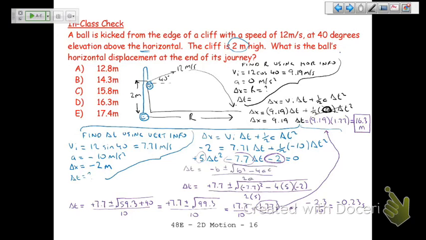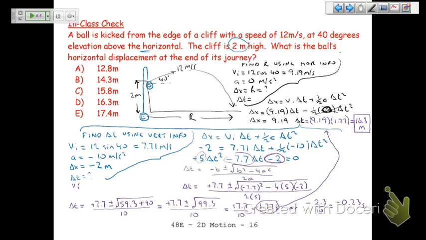So there is another way, and that is, if you don't like using quadratics, you've got to use physics. If trying to find delta t gives you a quadratic solution, then the other alternative is that you try to find your VF. So you'd say VF squared equals VI squared plus 2a delta x. Having found your VF, you would say VF equals VI plus a delta t.